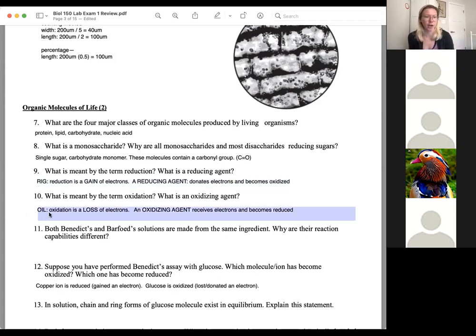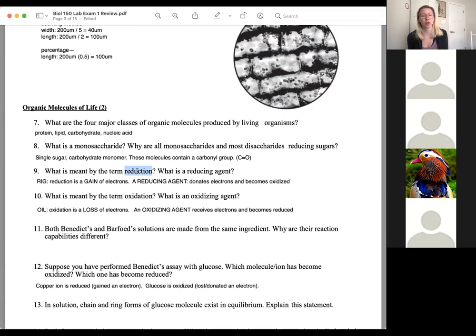OIL stands for oxidation is loss, and RIG stands for reduction is gain. What is being gained or lost here are electrons. So when we're talking about reduction, it means something is gaining electrons. If a molecule is being reduced, it has gained electrons.